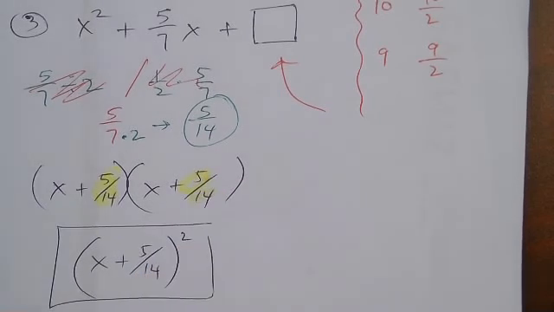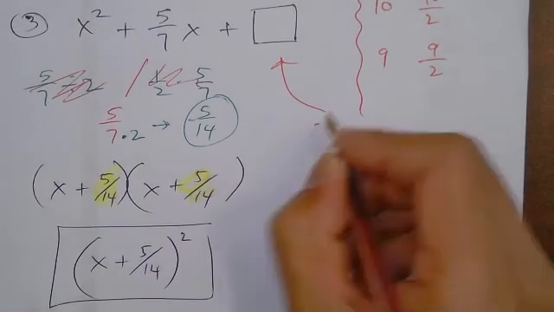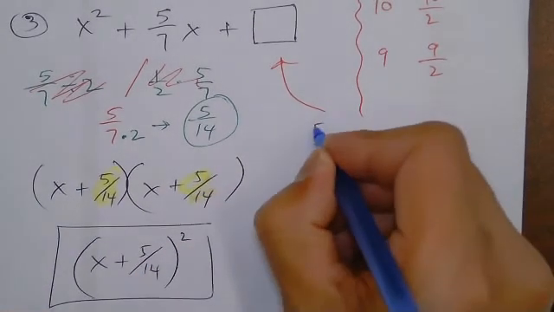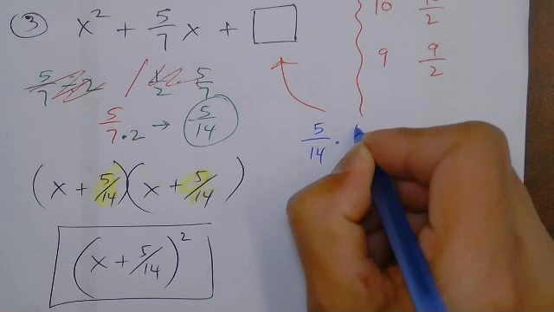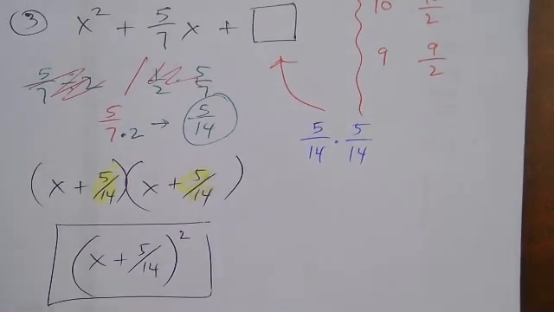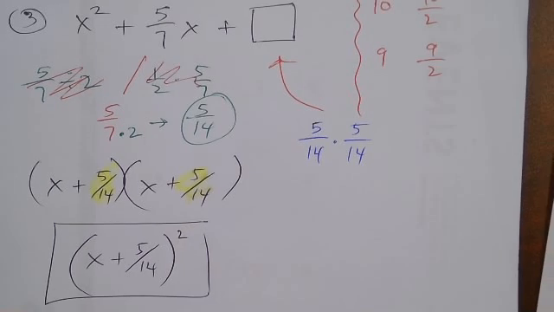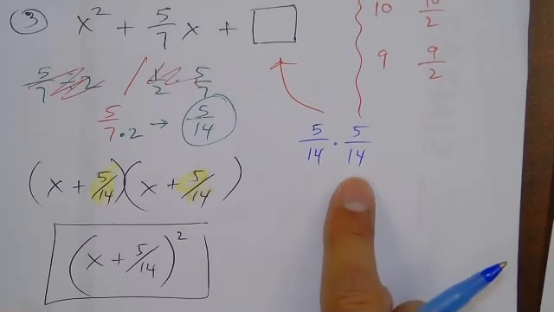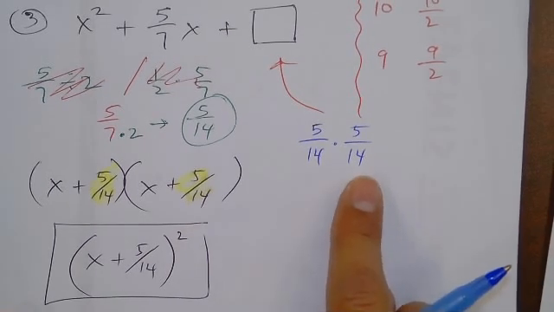Guess where they messed up. What goes here? How do you get this number? What do you multiply? This! You multiply 5/14 times another 5/14. Can you believe the 3 of them multiplied this wrong? They even wrote it, and they multiplied it wrong.